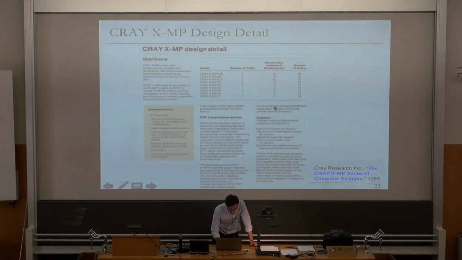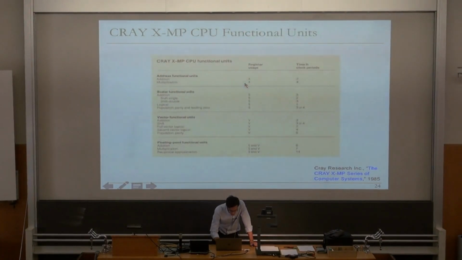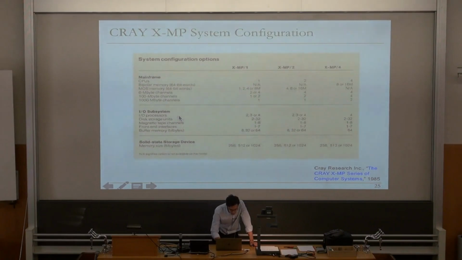You have some design details. For example, this X-MP 28 has two CPUs, two scalar cores. Here you have some details about the functional units, address functional units to calculate the address to access memory, scalar functional units, vector functional units, and some more configuration details here.